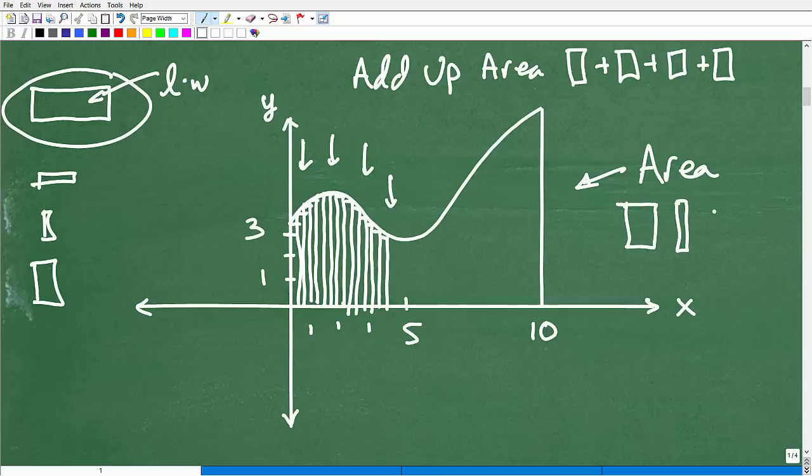Now, what would be the ultimate skinniest rectangle? Well, it would be almost infinitely small, right? Super, super tiny, super skinny. But if I was able to add up all these little infinite strips, these little tiny rectangles underneath this, I would get the precise area of this figure.